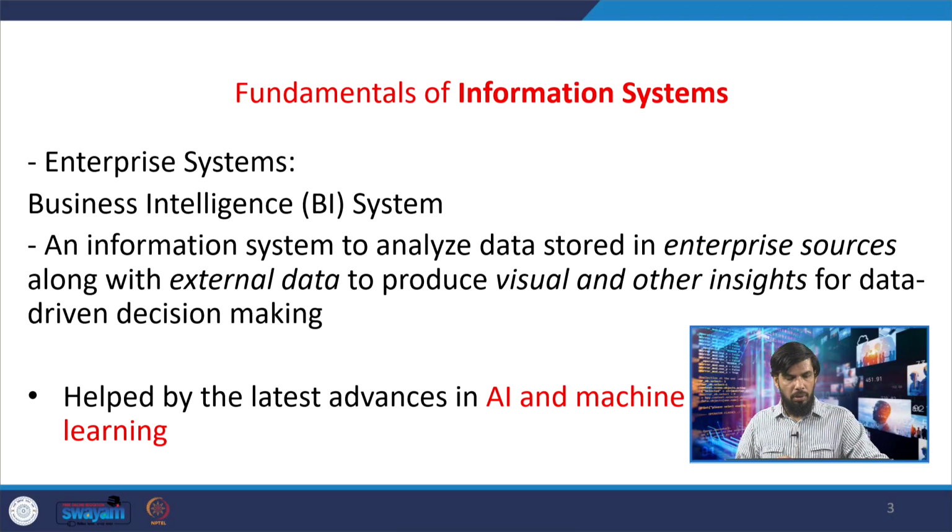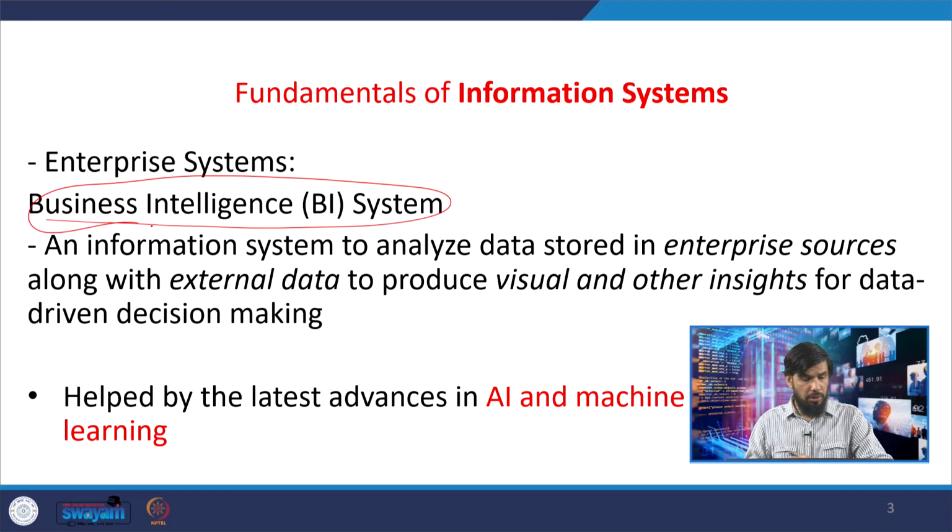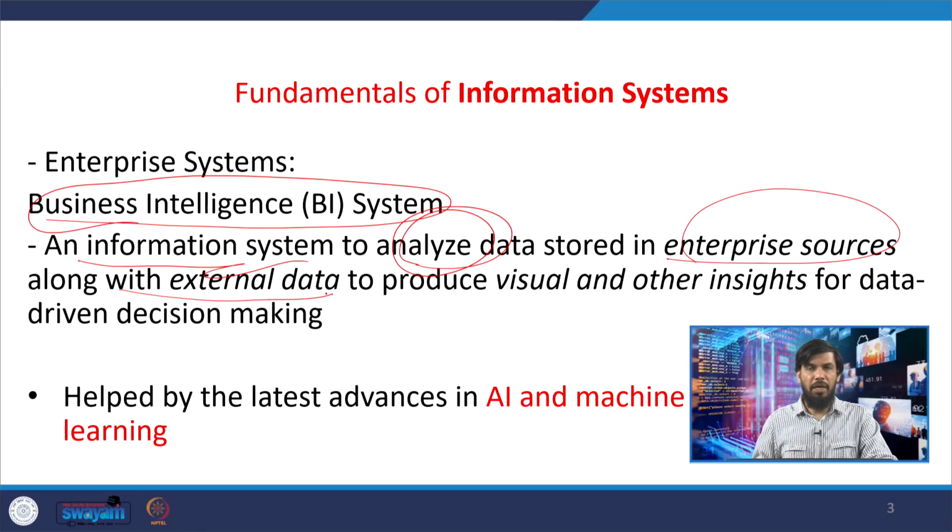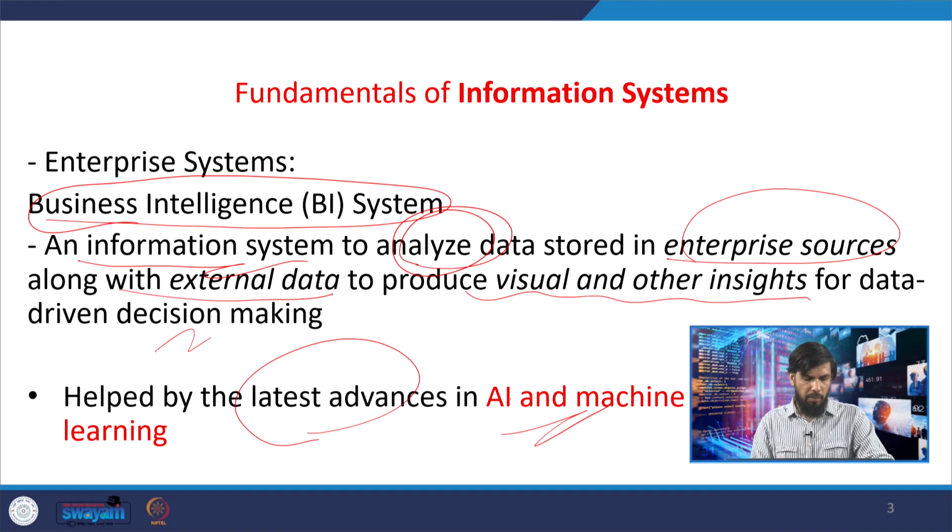Moving on, the next one is the business intelligence system. A business intelligence system is an information system used to analyze data, which might be stored in enterprise sources, or external data might also be there, to produce visual and other insights for data driven decision making. This is the module where analysis happens and insights are generated with the help of the latest advances in AI and machine learning.